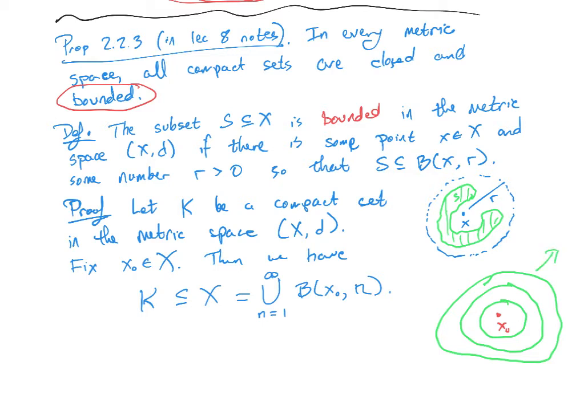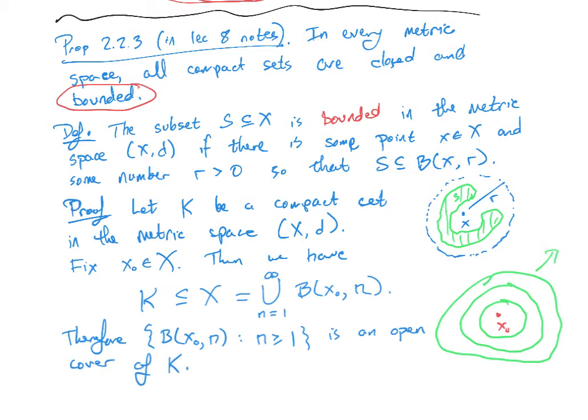Okay. Now each of these is open. So this is an open cover of K. The family of these sets is an open cover of K. Now, what does compactness tell us here?